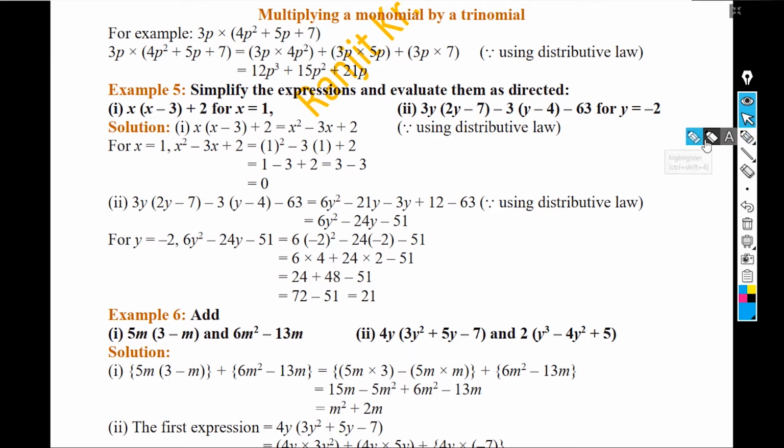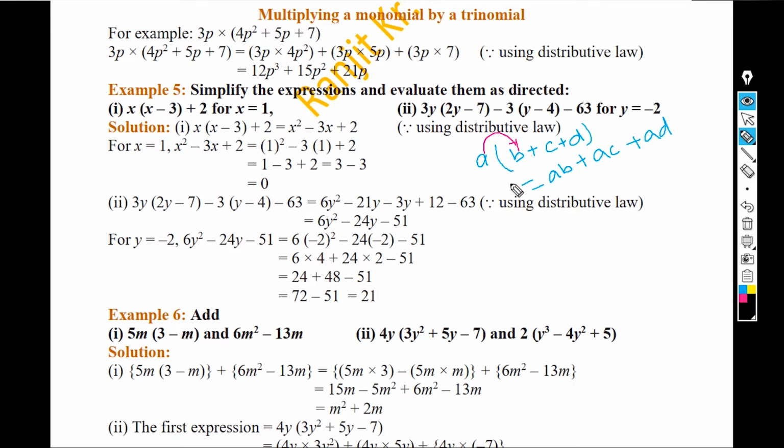Can you say here if you have to multiply a is monomial and here b plus c plus d is here, then you can write ab plus ac plus ad. Simply you are multiplying this a by b.